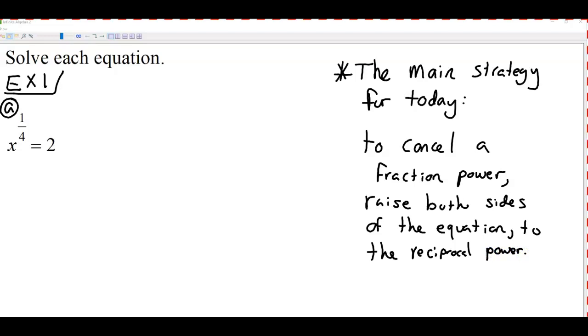So that's our main strategy for the day. I'll wait a second for you to write, and then I'll show you what that looks like. Our main strategy for today is we're going to need to cancel out that fraction power. The way we're going to do that is by raising both sides to the reciprocal power.